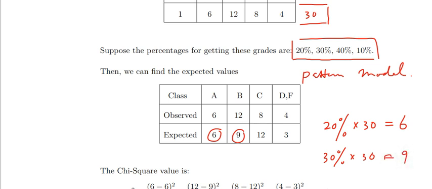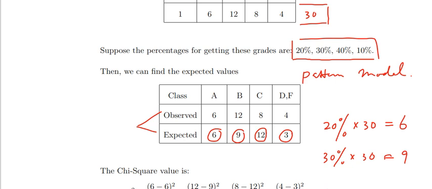So we can easily find those. 40% of 30 is 12, and 10% of 30 is 3. Then we just check whether the observed data and expected data are close or not so close.